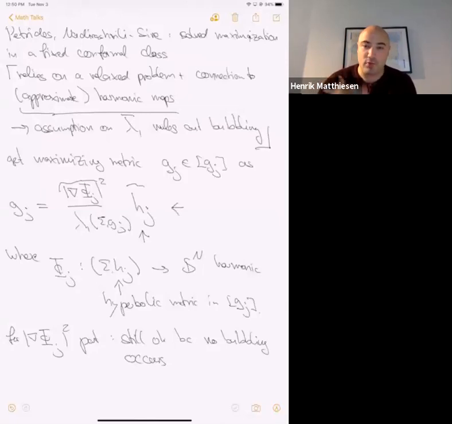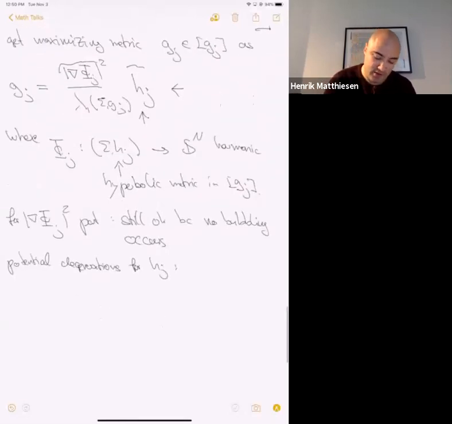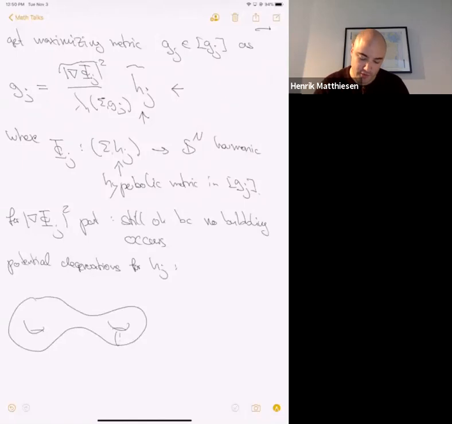But now you know what degenerations look like, right? So potential degenerations for this conformal factor are something like this: maybe I start out like this, and then I have a curve that becomes shorter and shorter and shorter.